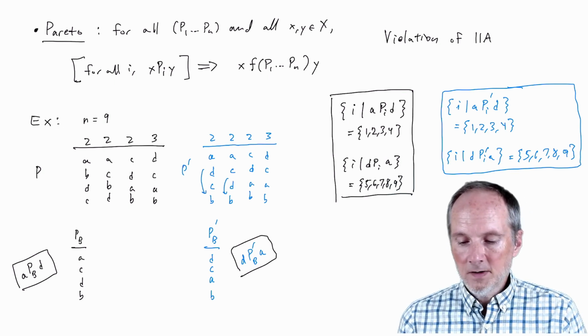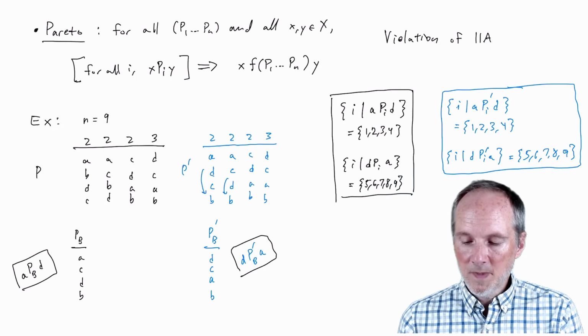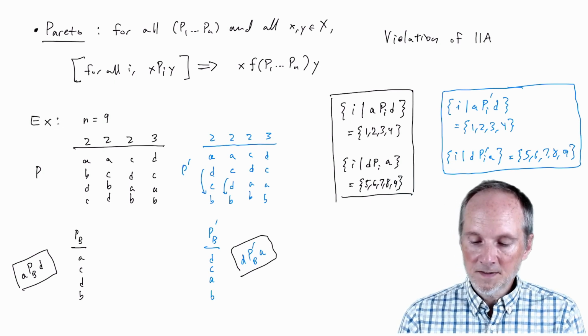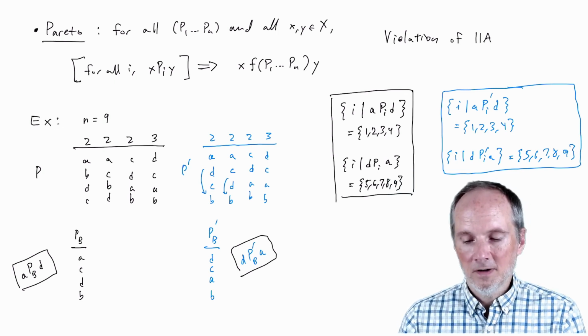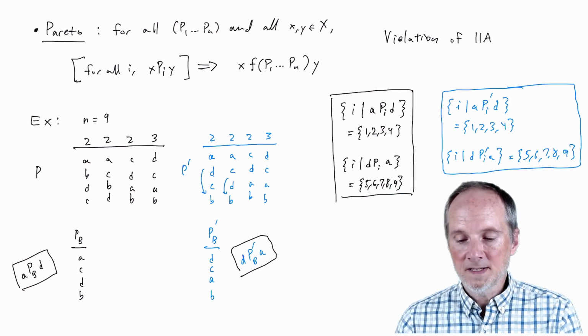At this point, that's as far as I'm hoping to get for this installment. We've laid out the social choice framework, and now we've formalized these axioms.